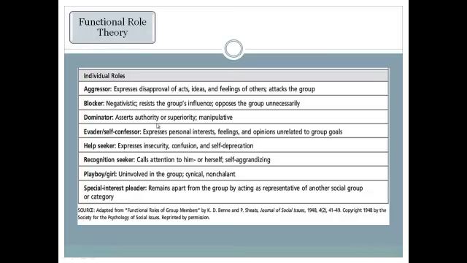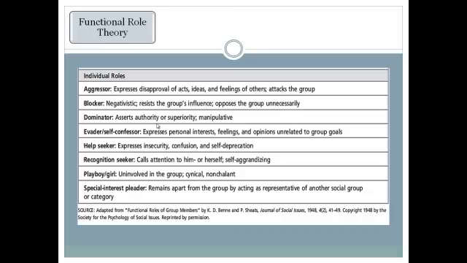The dominator asserts authority or superiority, and is manipulative. So this is somebody who perhaps wants to be in control, wants to control others. And again, it's really all about me with that particular person, and not necessarily about getting the task done appropriately.